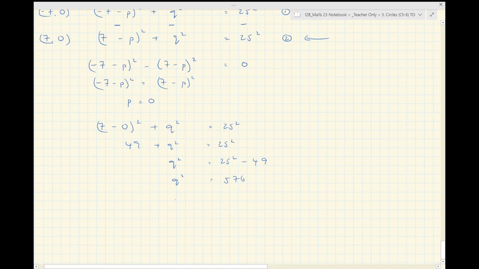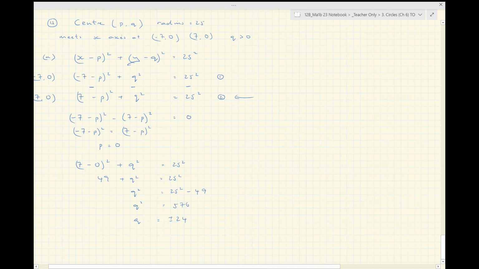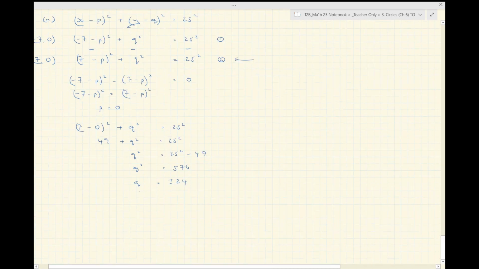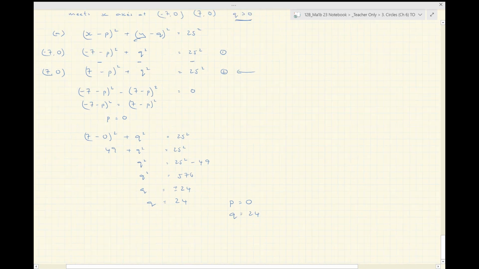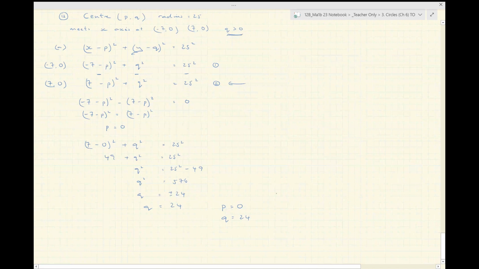That means q is plus or minus the square root of 576, which is plus or minus 24, but you're told that q is greater than 0. So q must equal 24. So I've got p equals 0 and q equals 24, and the center of my circle is 0, 24. That's part A done.